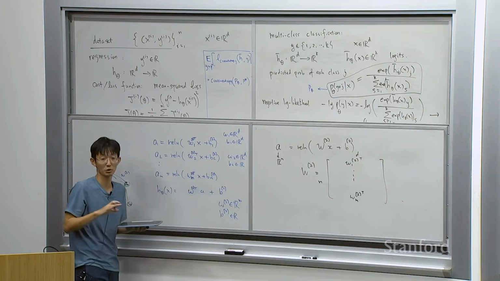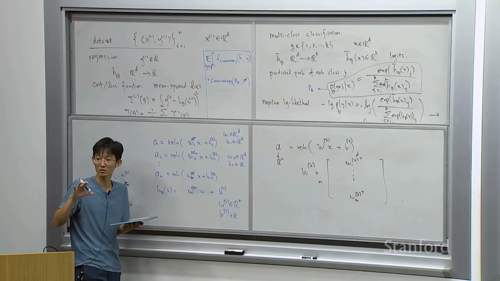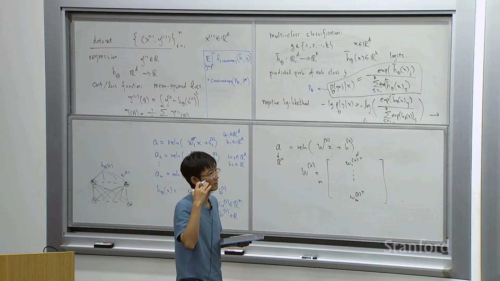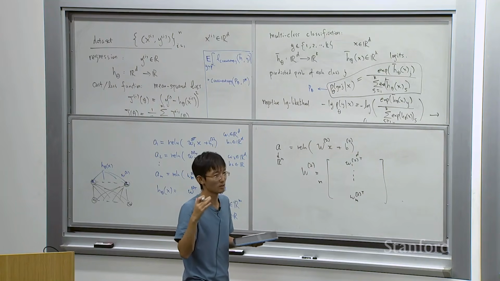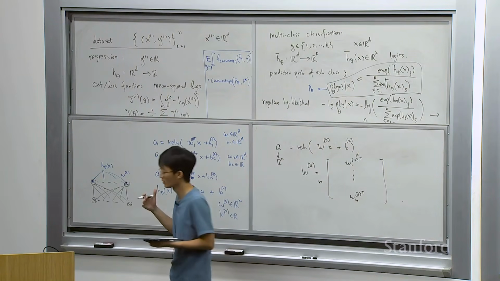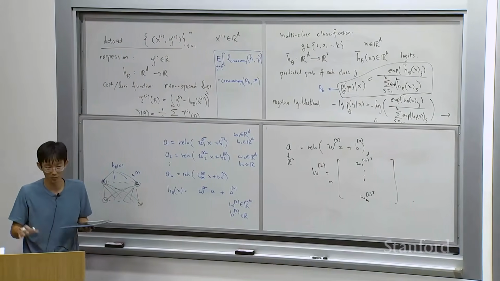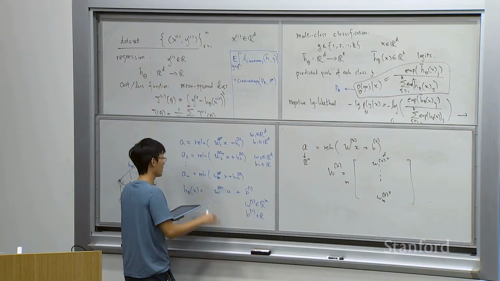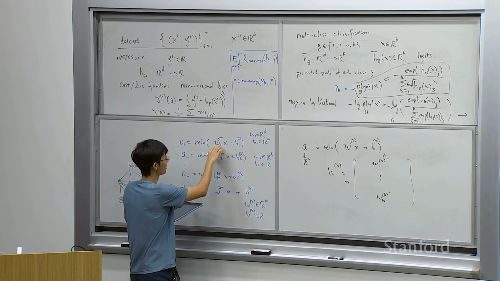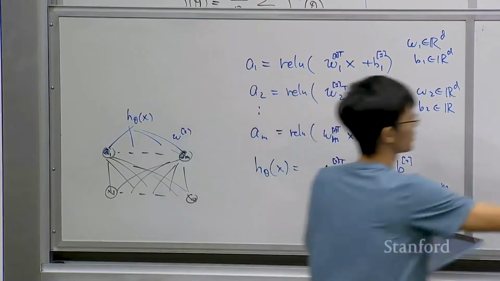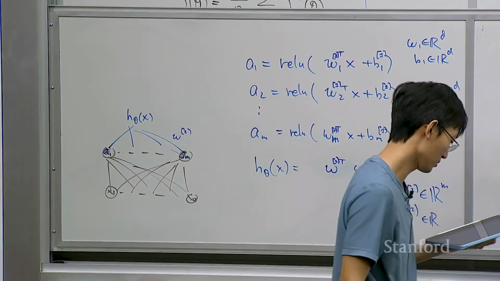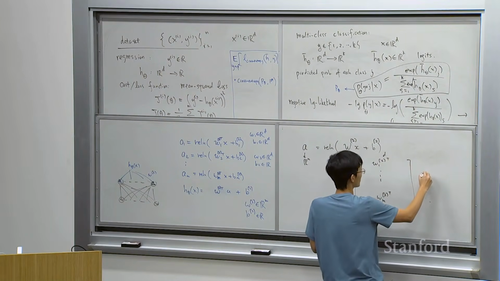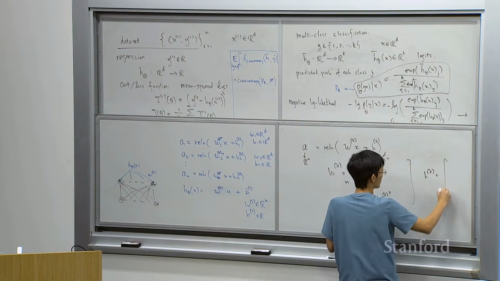By the way, all vectors are supposed to be column vectors if you don't do any transpose. In many cases, it's good to keep in mind whether a vector is a row vector or a column vector. So all of these are column vectors, and you transpose them into row vectors, and then stack them into a matrix. And this b^[1] is just the vector of all the scalars.